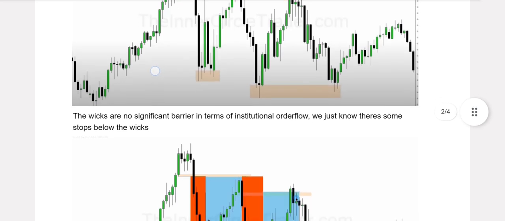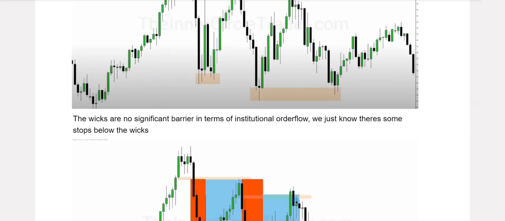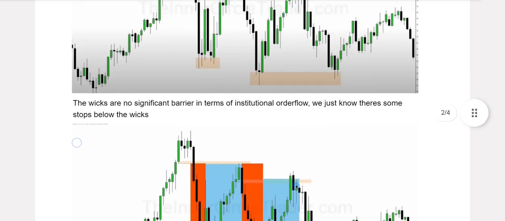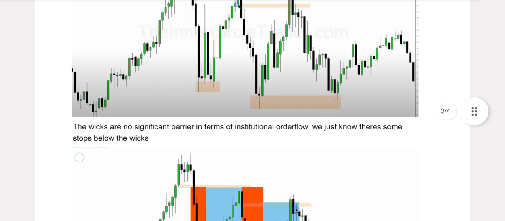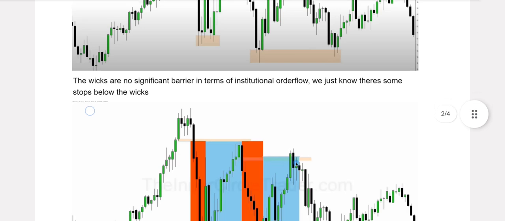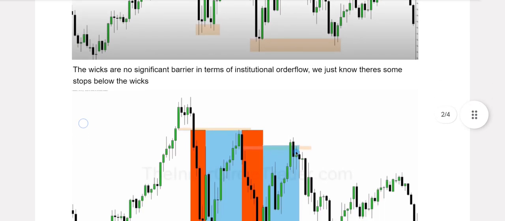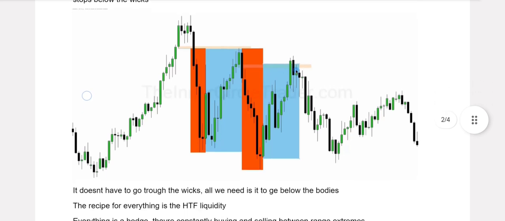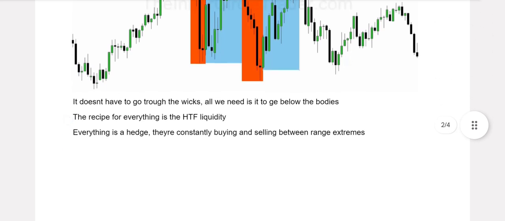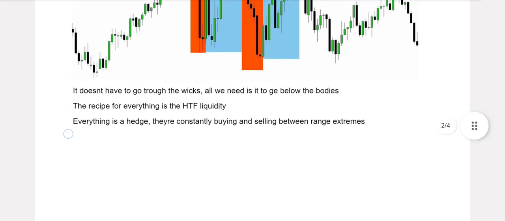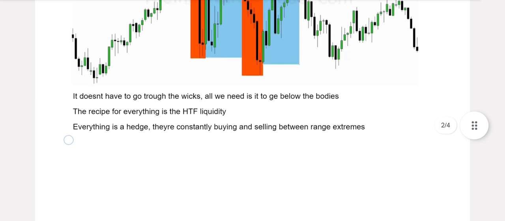And I told you, when you are trading liquidity, you better not place a tight stop loss. You can place a big stop loss to be safe when the liquidity sweep is about to happen, so that it doesn't hit your stop loss. It doesn't have to go through the wicks. All we need is to go below the bodies.